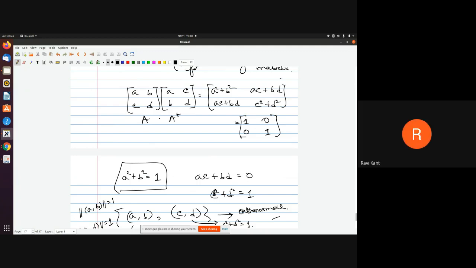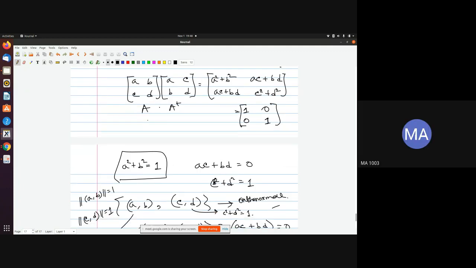Yes, sir. Sir, please repeat once, sir. The last statement. The statement is that the row vectors of an orthogonal matrix form an orthonormal basis for the row space. I have started with an orthogonal matrix A. The rows of A, (a, b) and (c, d), these are the two rows, right?